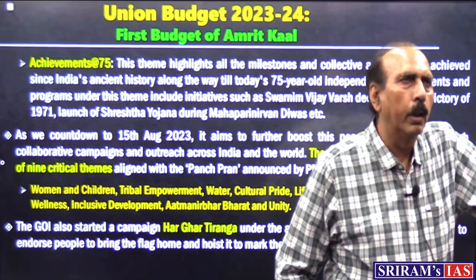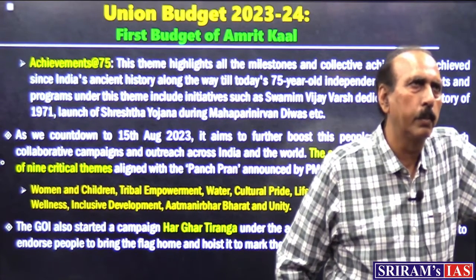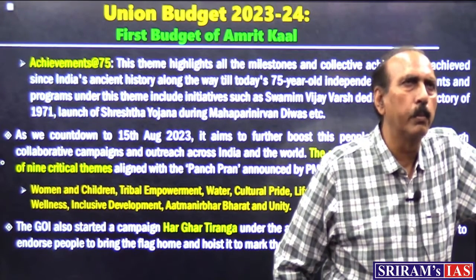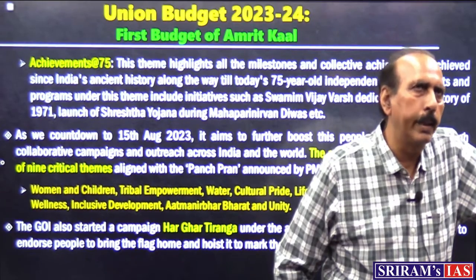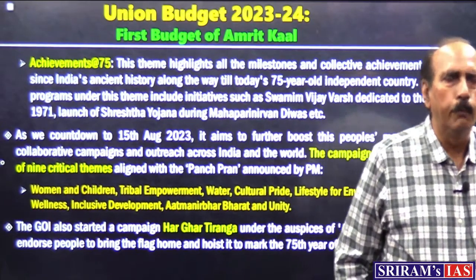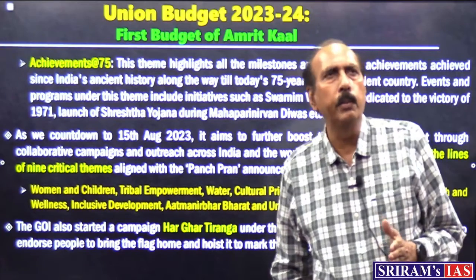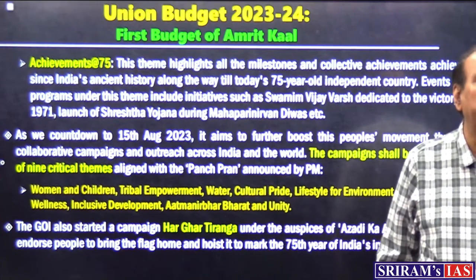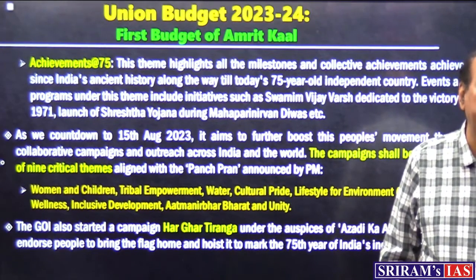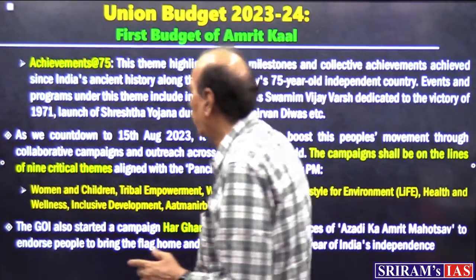We have estimated the size of India's economy, and that size needs to be attained. And for that, the beginning is made by the first budget of Amrit Kal, that is the Union Budget for 2023-24.